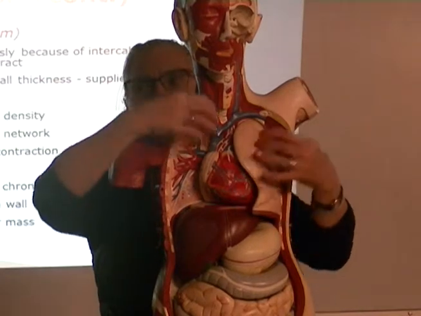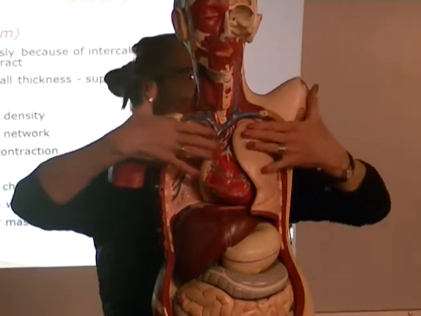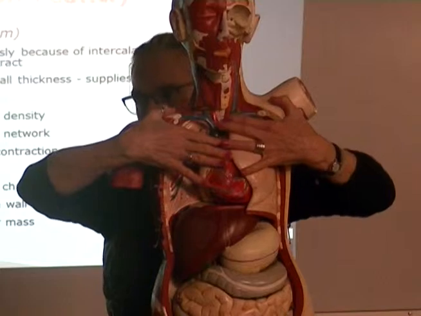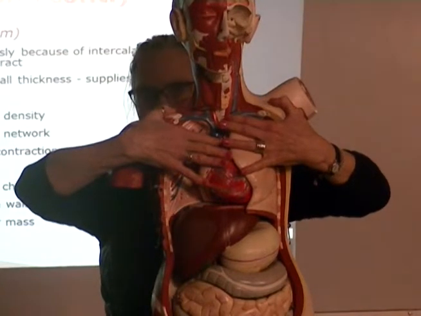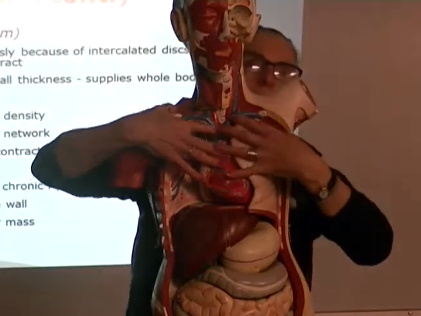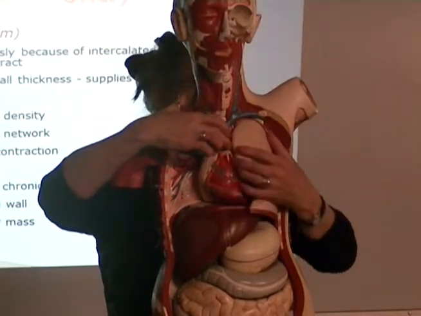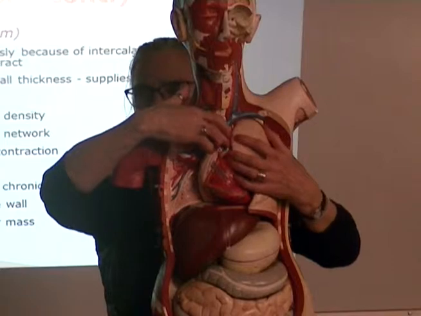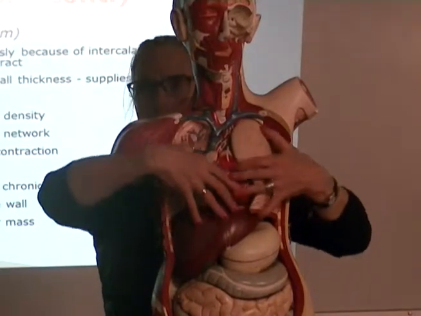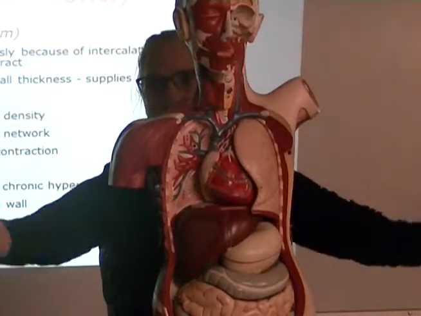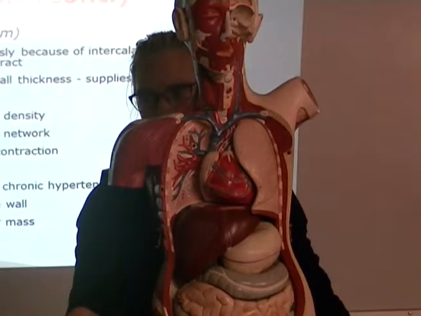When it contracts, it is pushed out to the lungs, which sit right here. Okay? Comes back from the lungs to the left side of the heart, to the left atria, into the left ventricle, out through the aorta to the entire body.